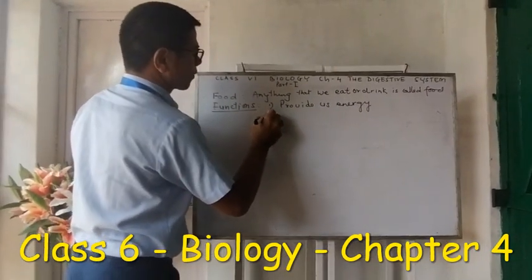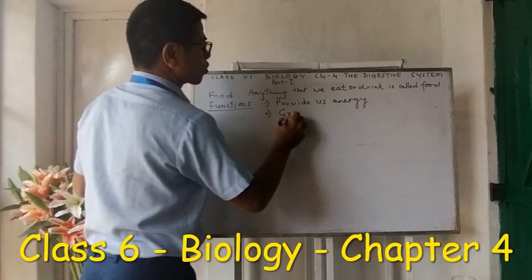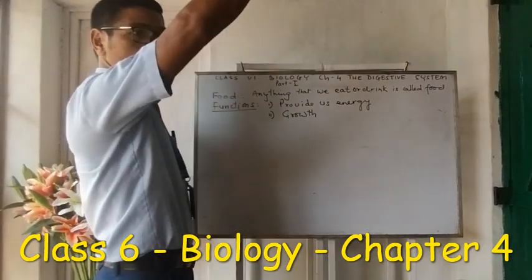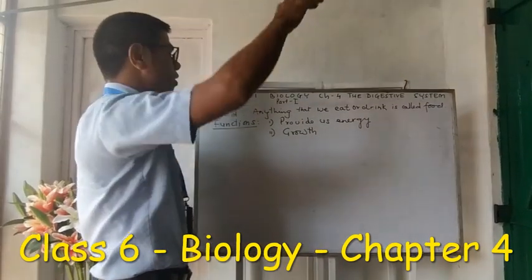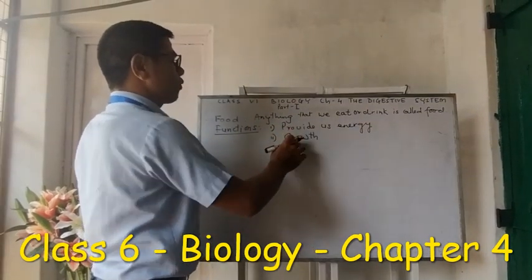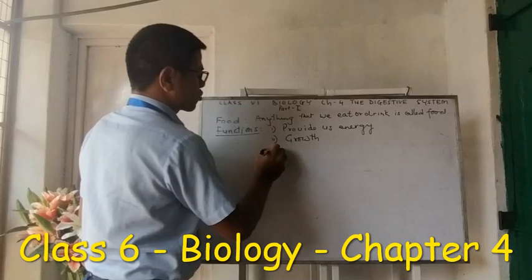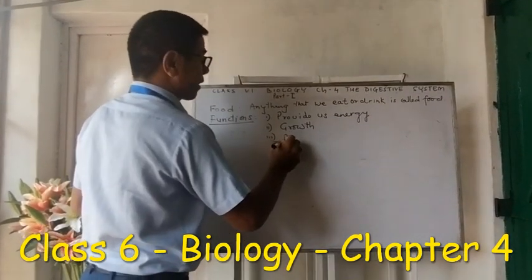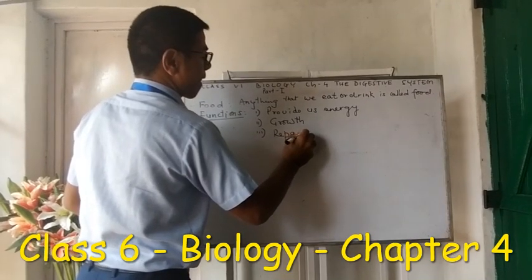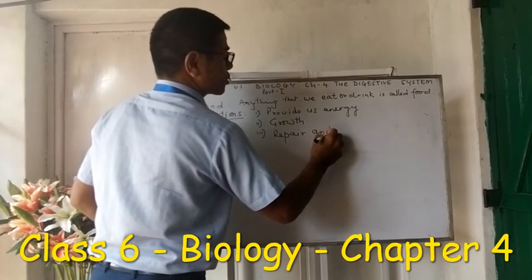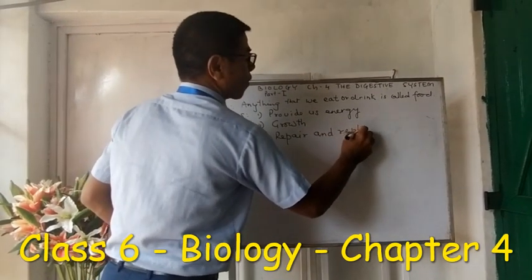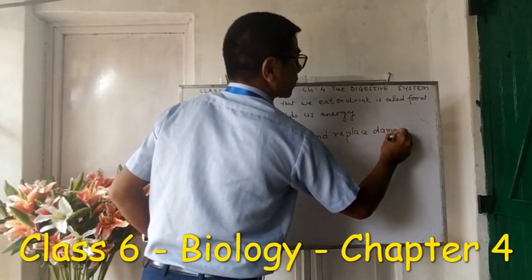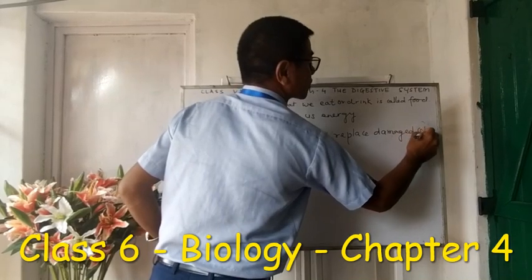Number two, food helps us in growth. From small to being tall and grown up, we eat food and we grow. Number three, food helps us repair and replace damaged cells.